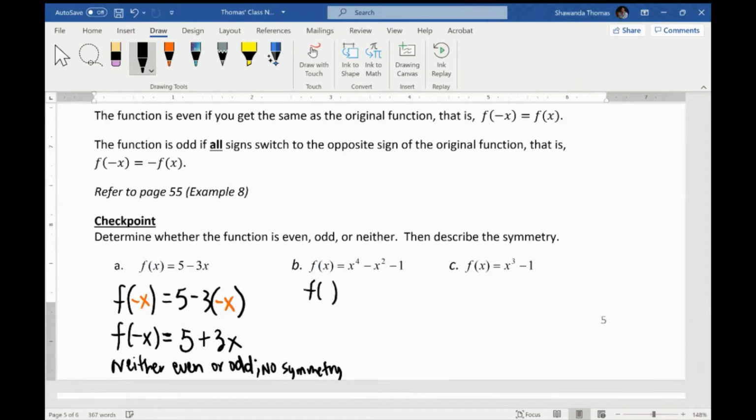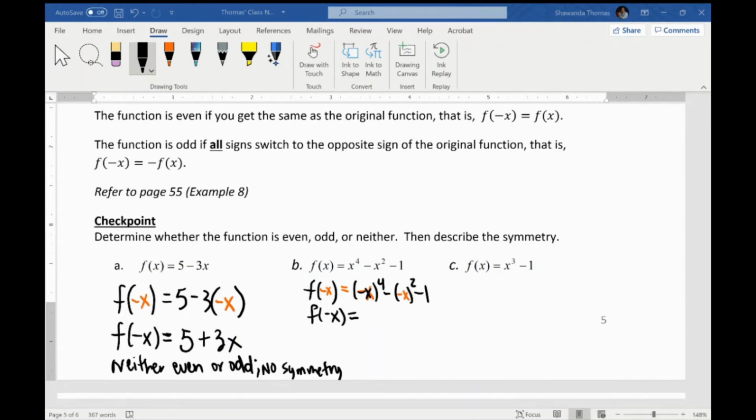F of negative x equals negative x to the 4, minus negative x squared, minus 1. What is negative x in parentheses to the 4th power? We need to clean that up.